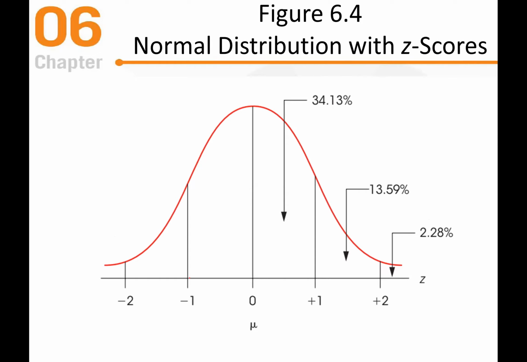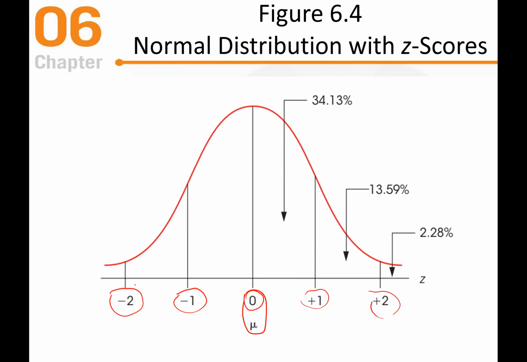In a standardized distribution using z-scores, the mean is 0, and we're going up by standard deviations of 1. So 1 standard deviation above the mean is +1, 2 standard deviations above the mean is +2, and going the other way, 1 standard deviation below the mean is -1, 2 standard deviations below the mean is -2.